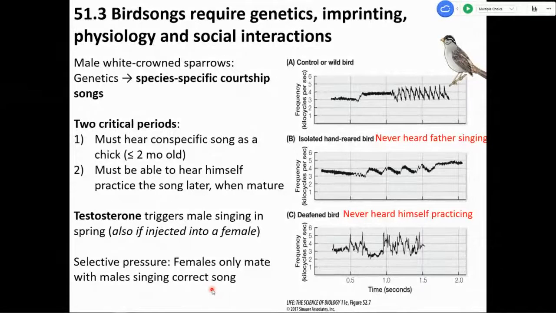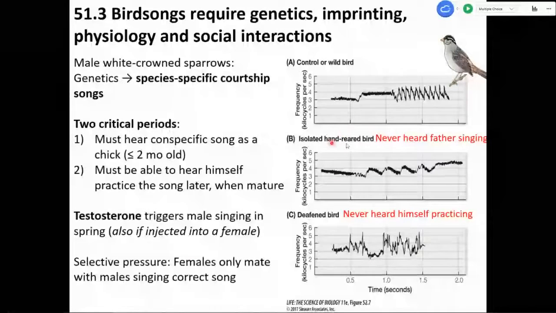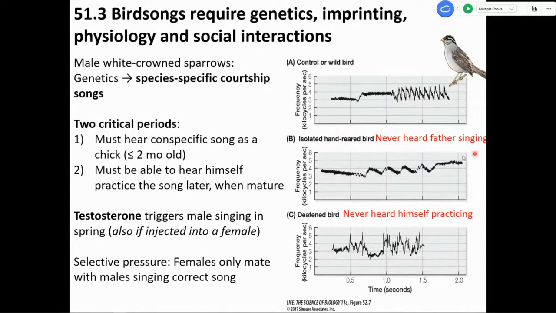So what's the bird that never heard the father sing, not able to sing the song? Yes. So this guy never heard its father singing. It tries singing, but it's not able to produce the species-specific sound. And this one never heard itself practicing later on in life as it was becoming mature. It still sings, but it does not produce a species song. So can it not mate?